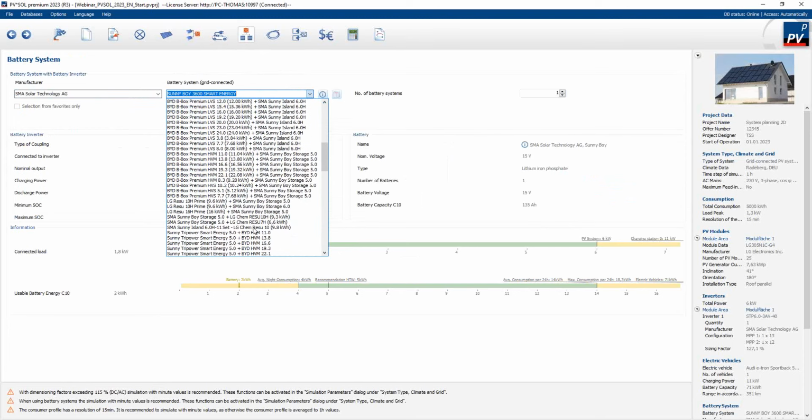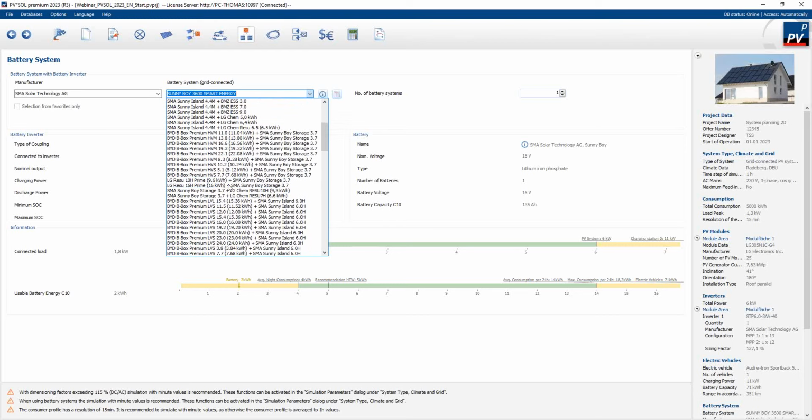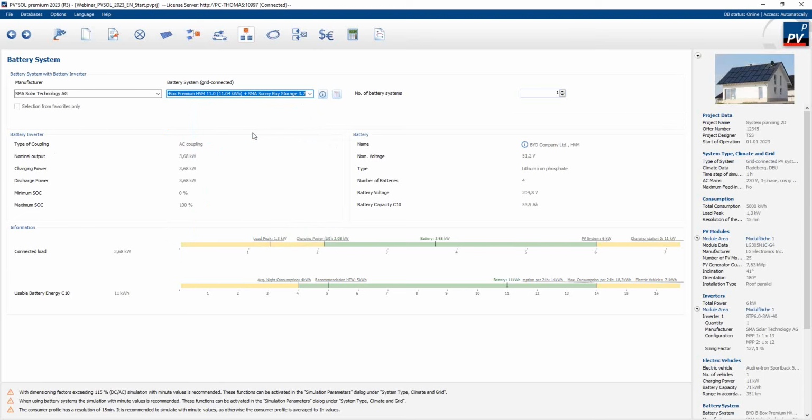For example, this would be some of the Smart Energy ones, Smart Energy plus BYD. So you find the combination, but in our case, we select a Sunny Boy Storage with the BYD system here. Okay.